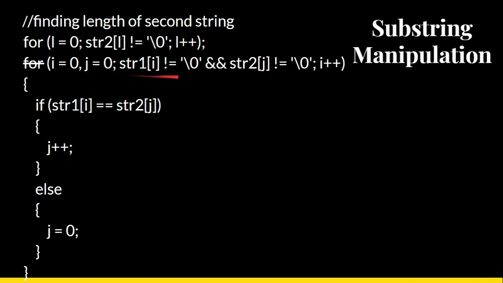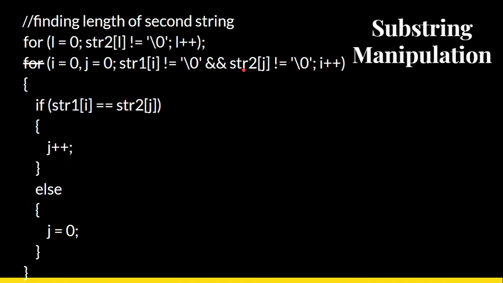So this is the biggest string, that is the first string, string 1. So how is it checking? For I is equal to 0, j is equal to 0. So the position of both is 0, and then it is checking string 1 of I not equal to \0. That means string 1 is not completed. Same way, string 2 of j not equal to 0.